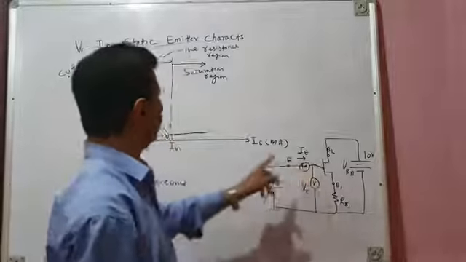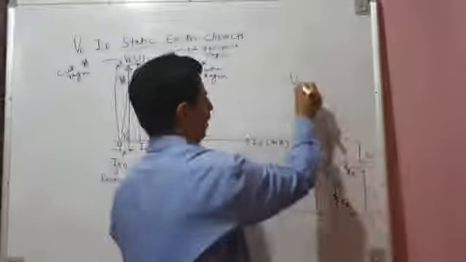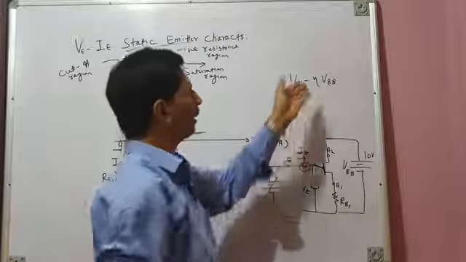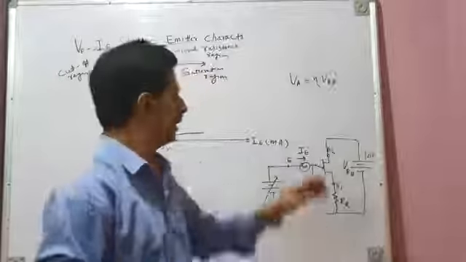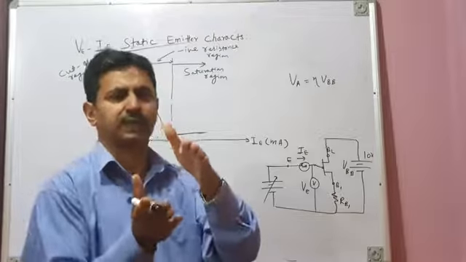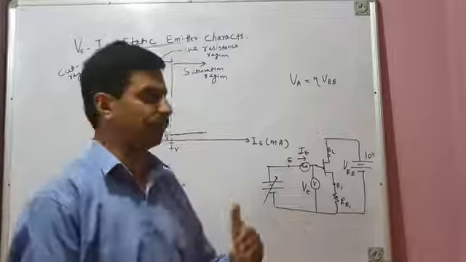Because of that, there is a VA, the voltage at point A, that is eta VBB. Depending upon what is the eta of the UJT you have used, certain voltage will be there across internal resistance RB1, which I am not showing here. I am showing the symbolic representation, not the actual circuit diagram.